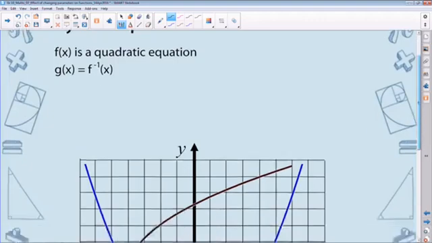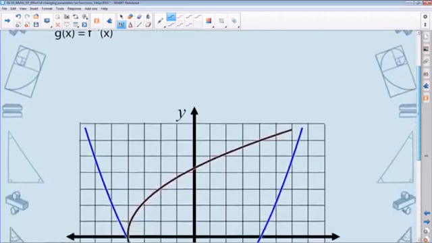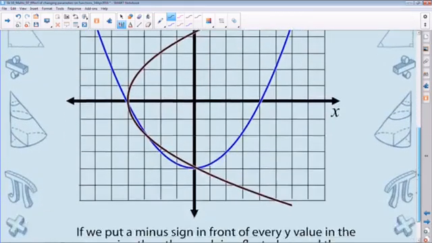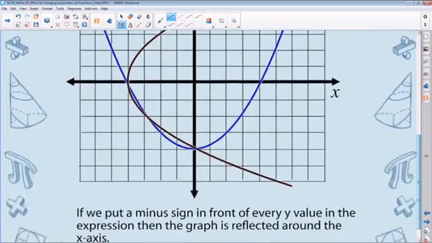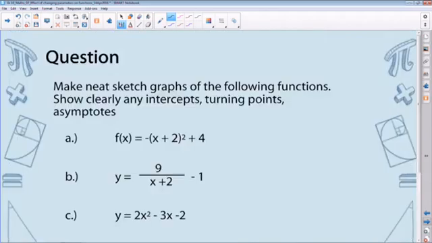And then the one called an inverse, interchanging your x and y, you're going to see this in grade 12. So if we put a minus sign in front of every y value in the expression, then the graph is reflected around the x-axis. That was the one that we just did.